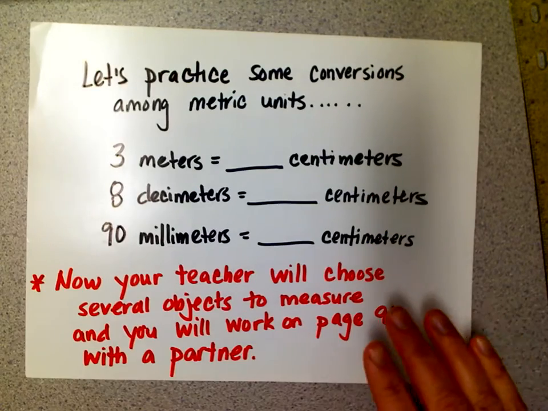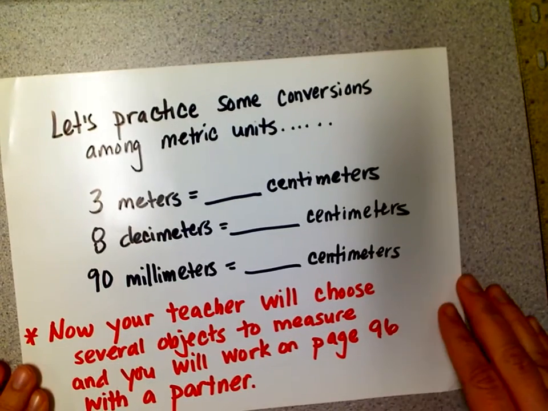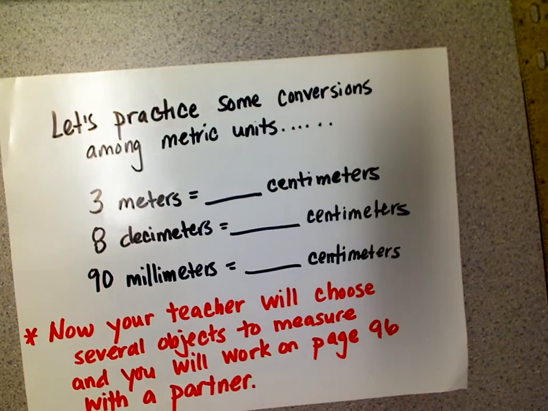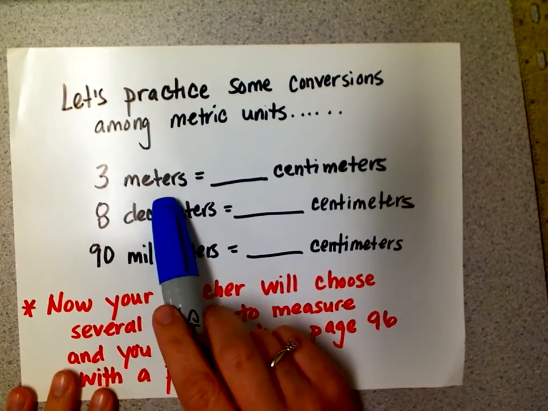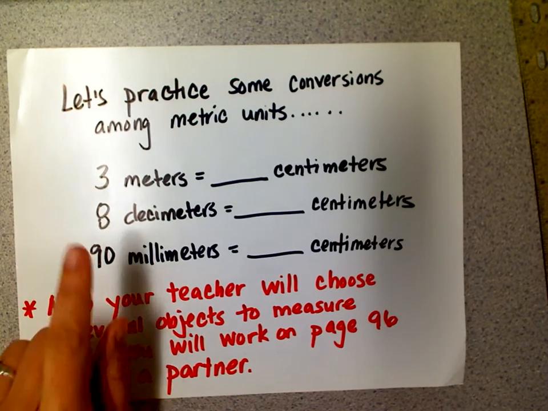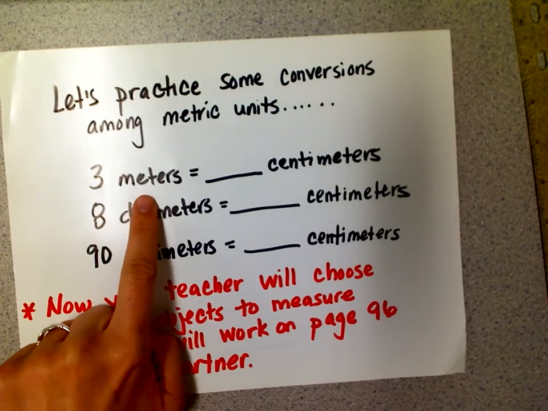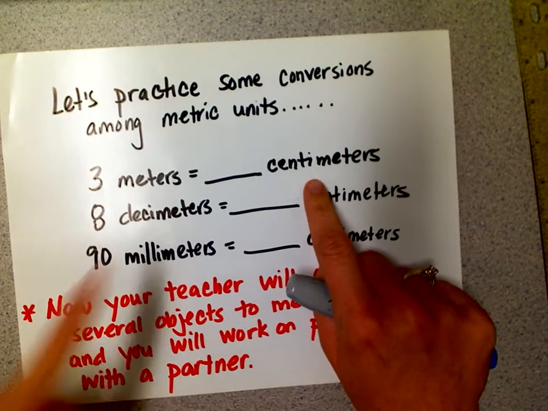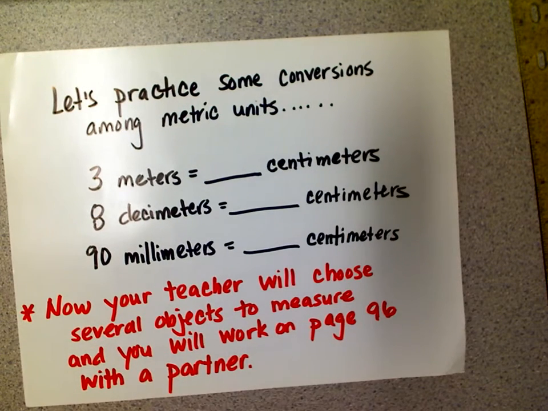So knowing all of these conversions, let's do some practice. Let's practice these conversions. So let's take a look at 3 meters. 3 meters is 3 of those meter sticks that the teacher in your classroom has showed you. Now each 1 meter has 100 centimeters, because we already talked about that conversion.